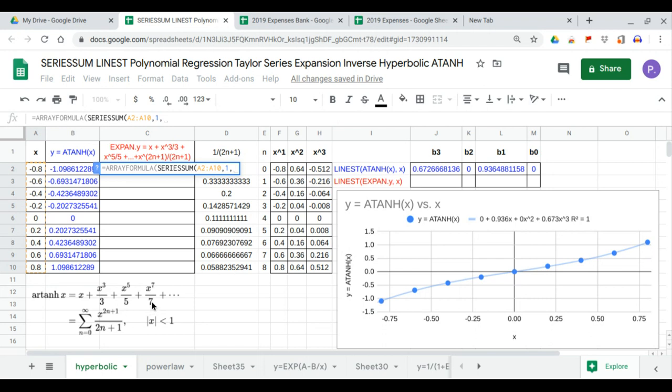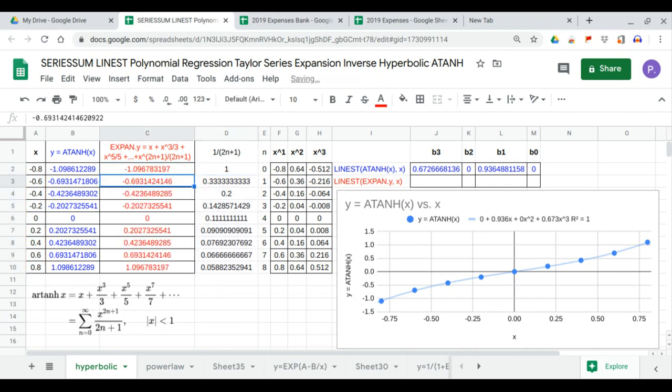So it's incremented by 2. And the coefficients, this is the remaining part of the coefficients. So you will notice these values are almost the same. The expansion and the actual value of the function are the same.